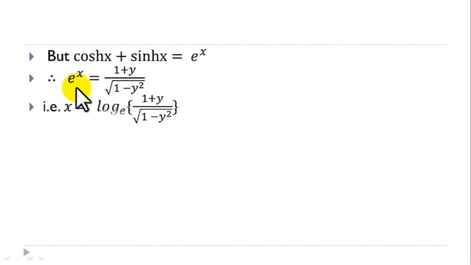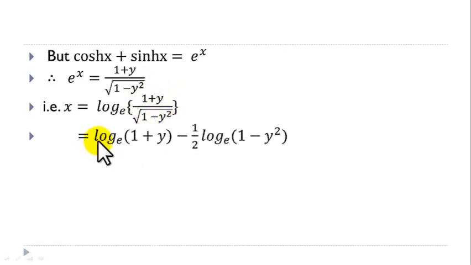Taking natural log of both sides of this equation, we obtain x is equal to natural log of 1 plus y all over the square root of 1 minus y squared. And this is equal to natural log of 1 plus y minus 1 over 2 times natural log of 1 minus y squared.